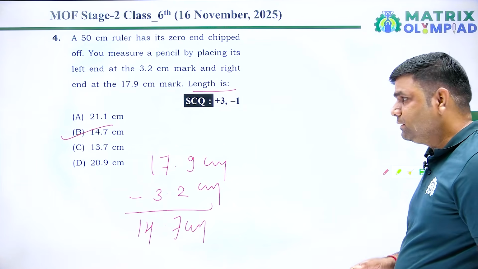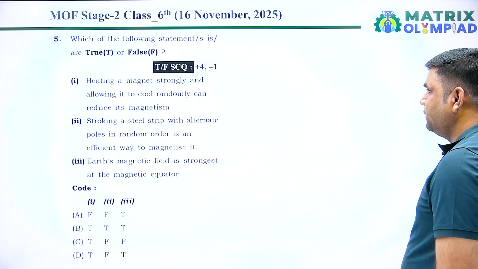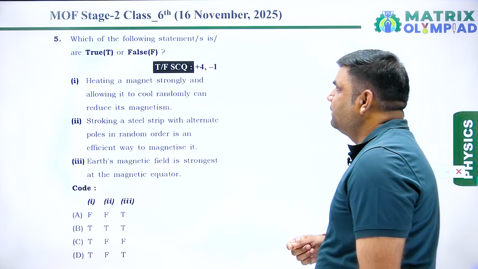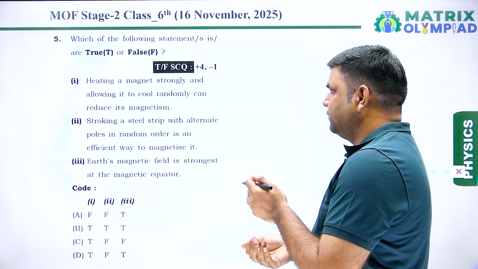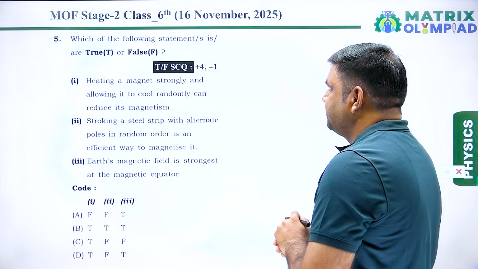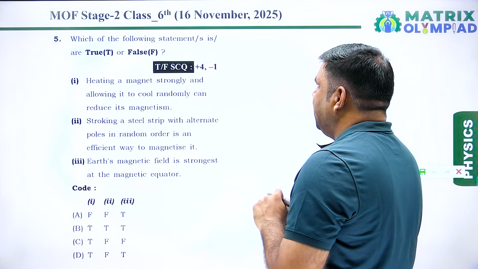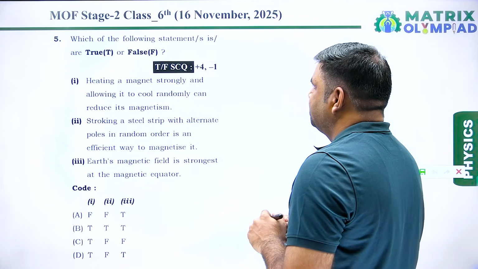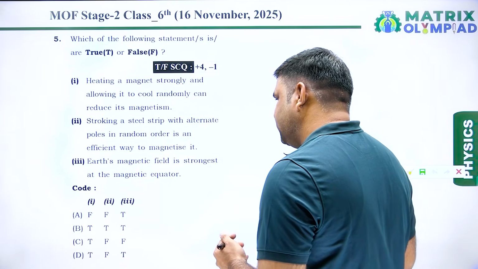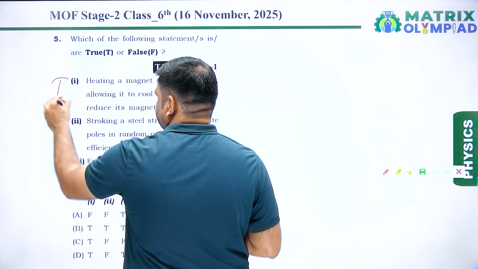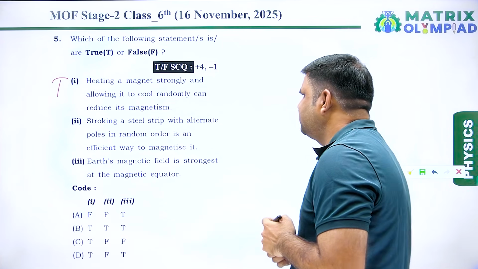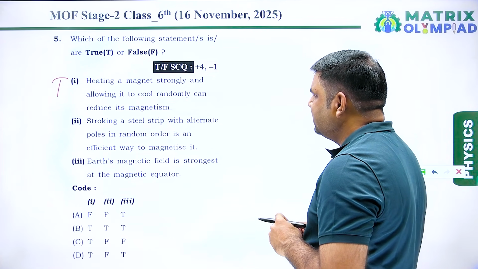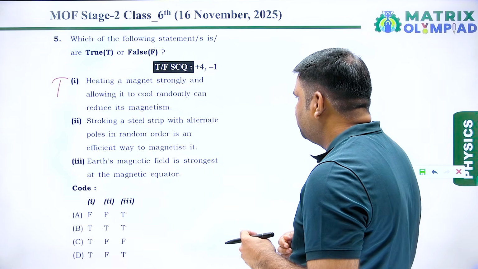Let's move to the next one, that is question number 5. In question number 5, we have to find which statement is true and which one is false. So let's start. Heating a magnet strongly and allowing it to cool randomly can reduce its magnetism. Yes, it is true. Stroking a steel strip with alternate poles in random order is an efficient way to magnetize it.